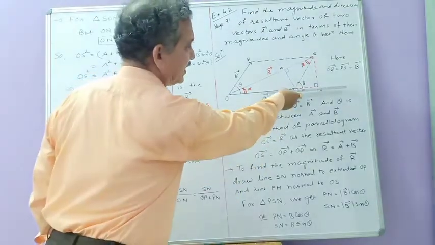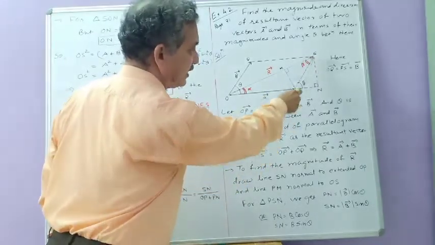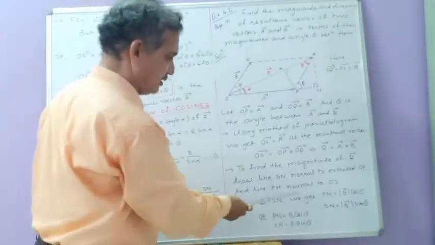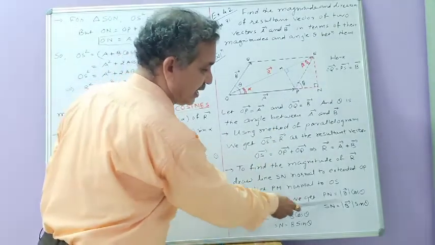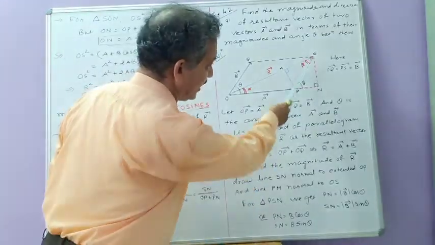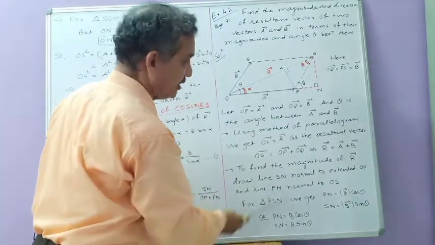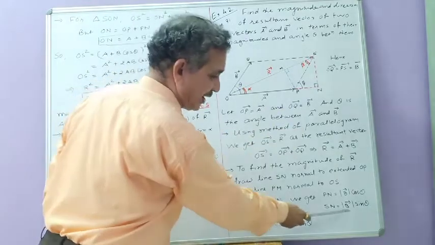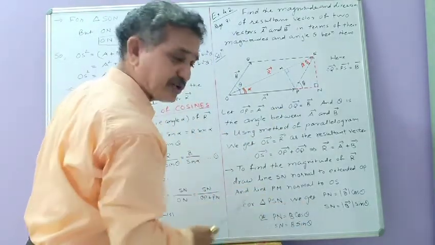For the adjacent side, it is always hypotenuse into cos theta, and for the opposite side, it is hypotenuse into sin theta. So for triangle PSN, we get PN equal to the magnitude of vector B into cos theta, or simply B cos theta, and SN equal to B sin theta.